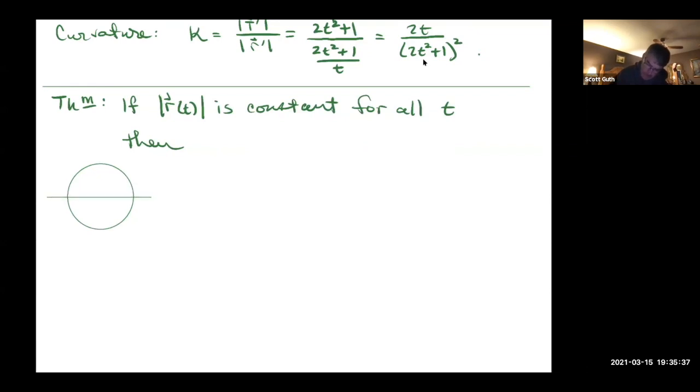Okay, let me draw that. It's right there. Okay, so it doesn't matter where I go on this circle, or let's pretend it's a sphere either way. R of t is not constant, but its magnitude is constant.